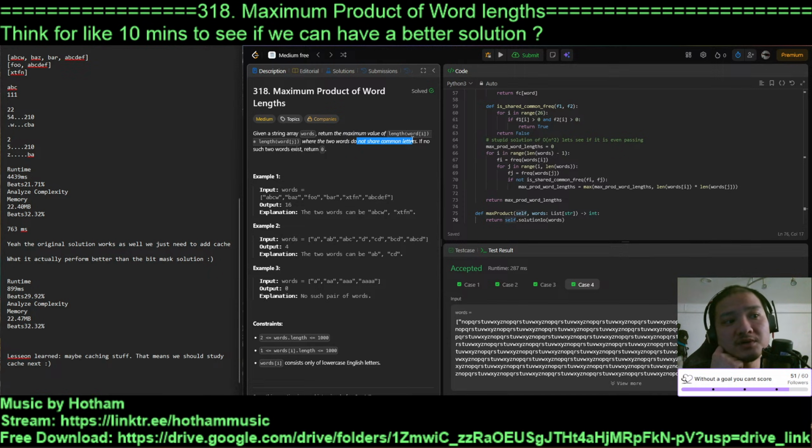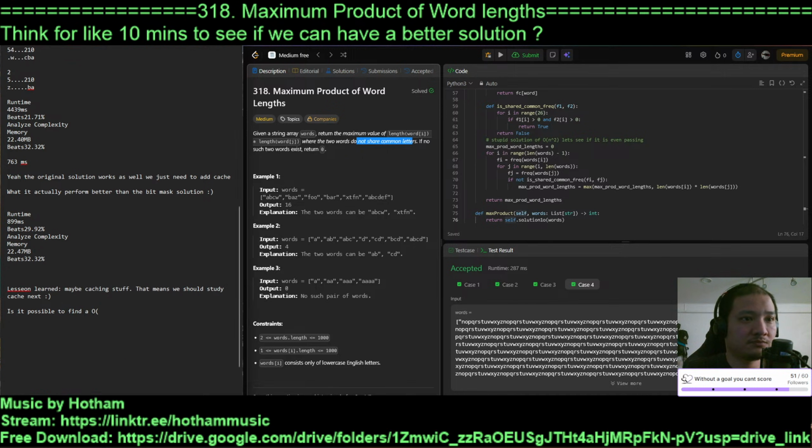So this is O(N squared). Is it possible to do O(N) or O(N log N) at least, right? So somehow, is it possible to find an O(N) or O(N log N)?